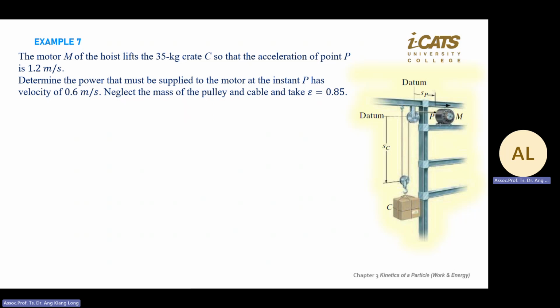And then usually you read the question, example 7. If you see the word motor, the word motor will give you power already. Motor of the hoist lifts 35 kilogram of crane C. So the acceleration of the point P is 1.2 meter per second squared.